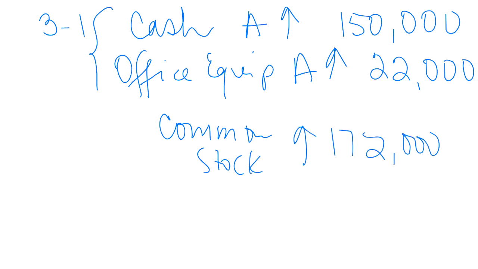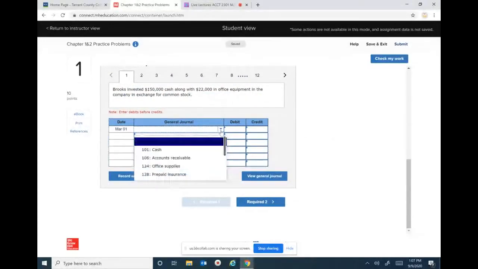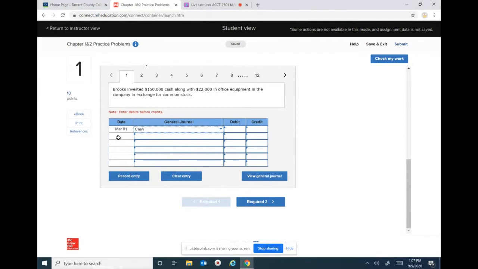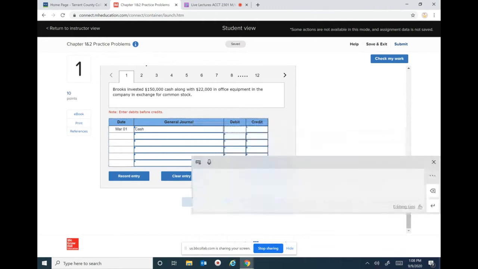So when I'm preparing the journal entry, I'll go back to McGraw-Hill. For this first transaction, I will increase cash. So this is a journal entry in proper format. It specifies the date. I always start with the account that I debit. In this case, I'm debiting $150,000.